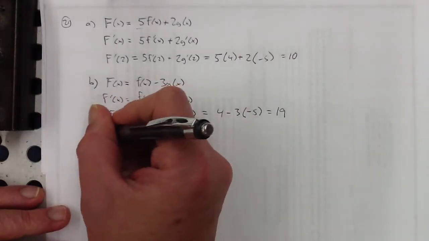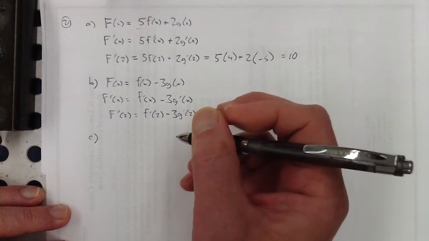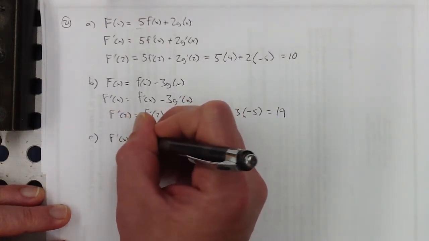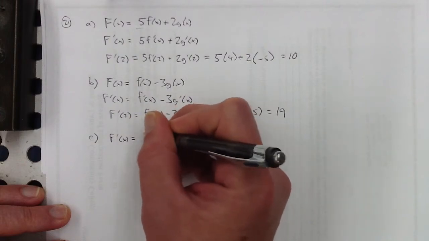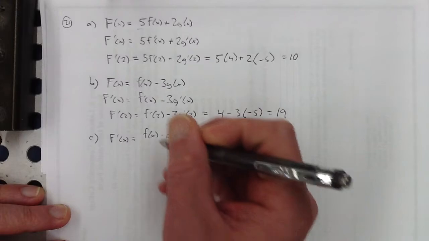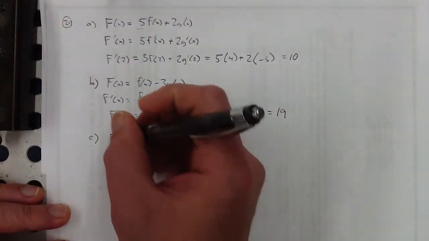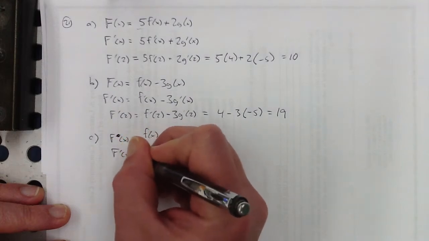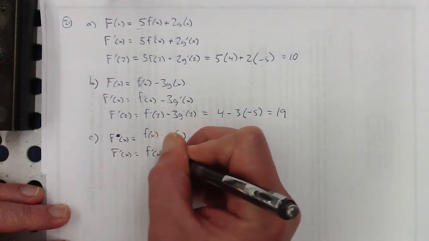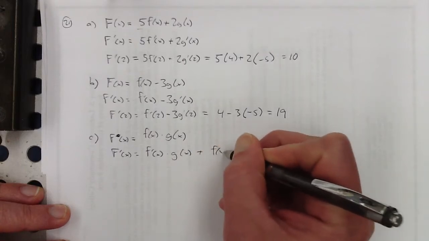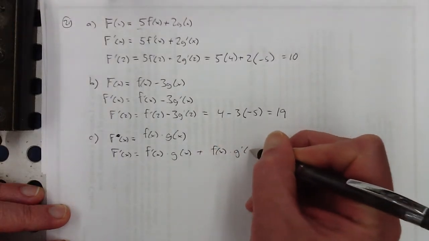Part C. This time, big F is f of x times g of x. So this is just sort of like a generic product rule problem, right? Then F prime of x is the derivative of the first times the second plus the first times the derivative of the second.